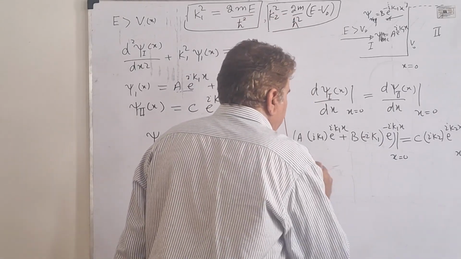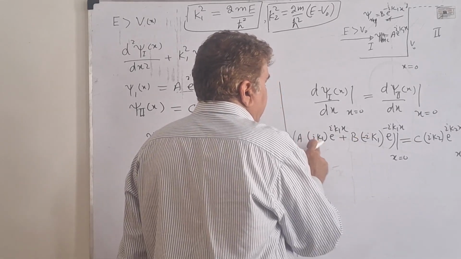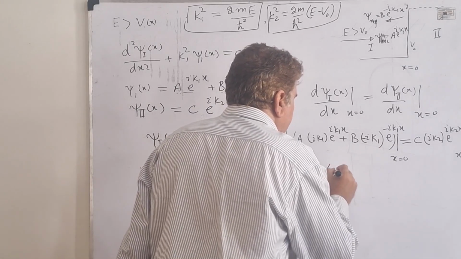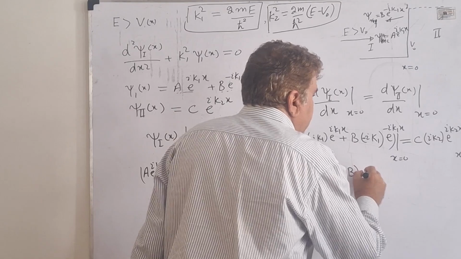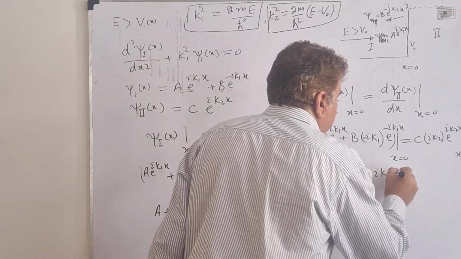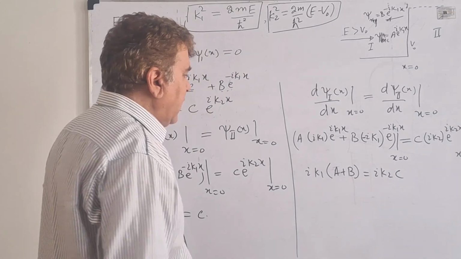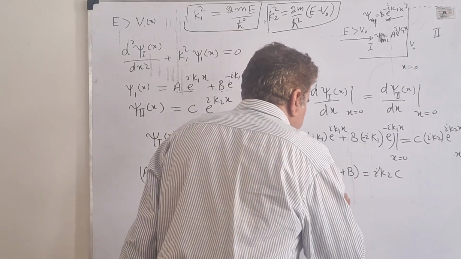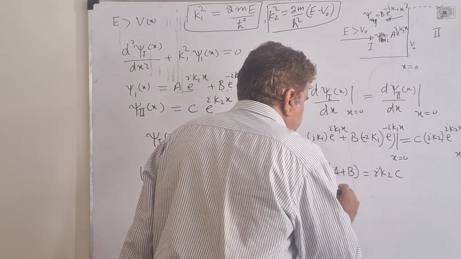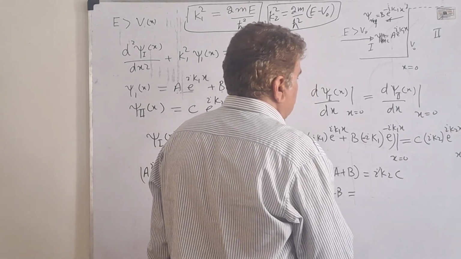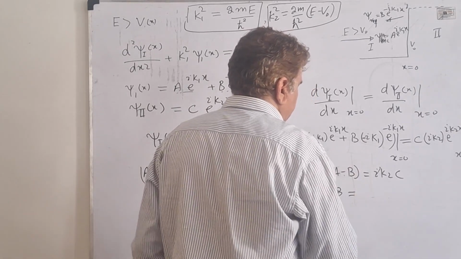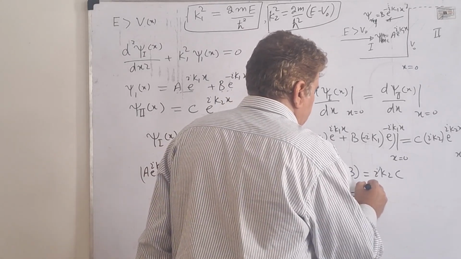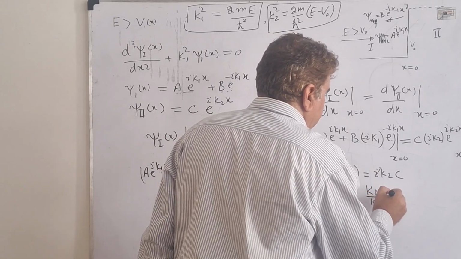So I can take i k1 common from these two terms, and write i k1 times A minus B equals i k2 times C. And I can cancel i on both sides, and that allows me to write A minus B equals k2 over k1 times C.